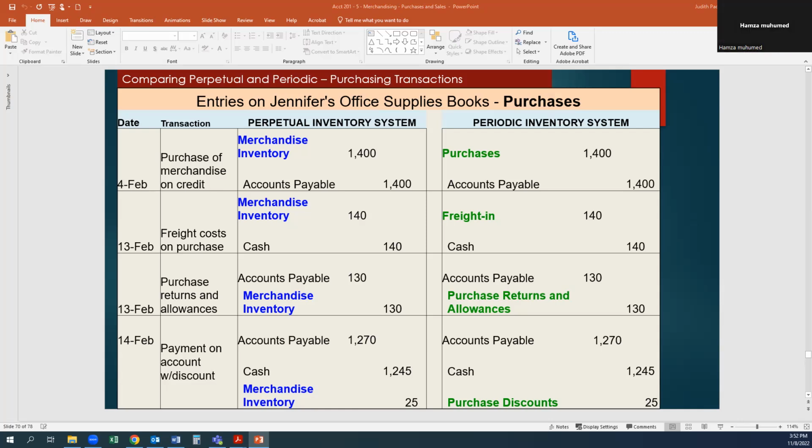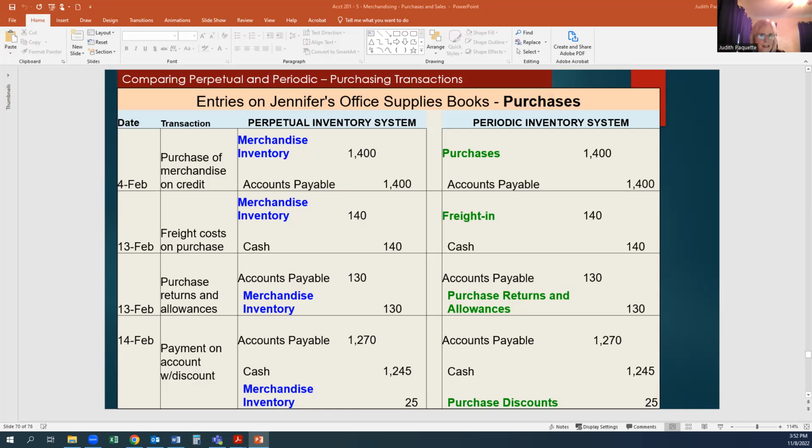$1,245, which happens to coincide with the cash, right, Hamza? So the final cost of our inventory was 1,245. Okay.